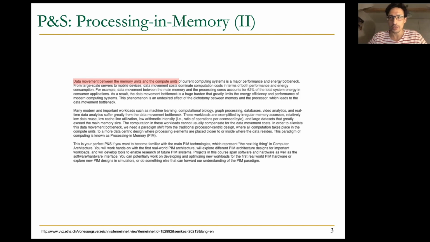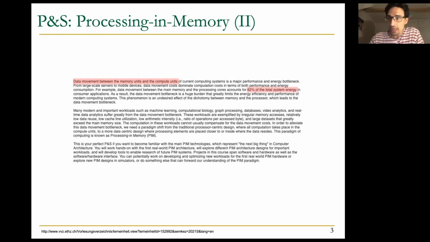Back in the beginning of the 20th century, John von Neumann, who actually studied at ETH, proposed this model where you have memory on one side, compute units on another side, and in the middle you have some sort of channel or bus that helps you access data from the memory to the compute units, back and forth, right? And the problem with this is that this data movement takes a lot of time, a lot of execution cycles, and also a lot of energy.